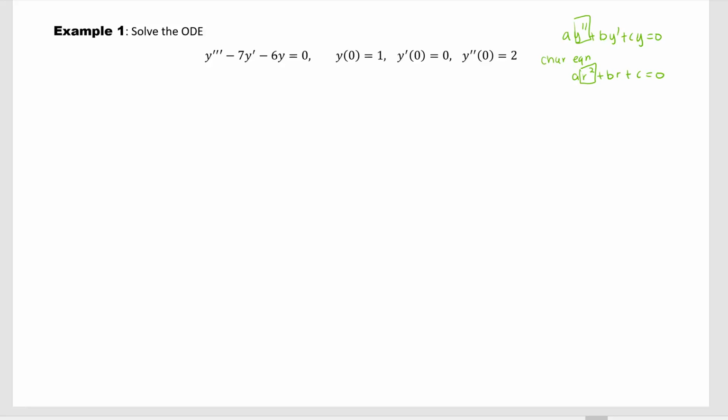Here we have y triple prime, which corresponds to r cubed. So here we have 1. The characteristic equation is r cubed minus 7, y prime corresponds to r, and 6y, y corresponds to the constant term. So this is the characteristic equation.